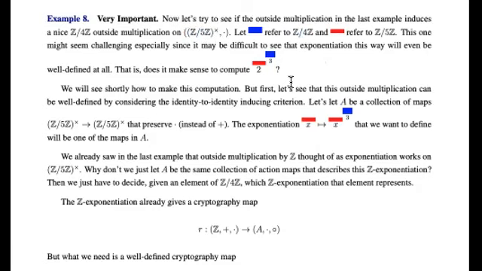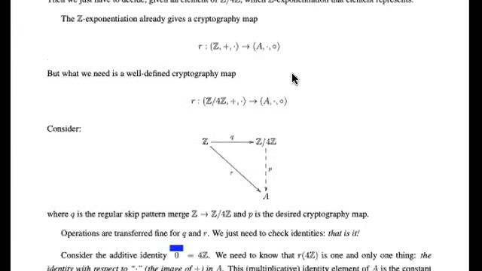So being well defined really is the question here. Does that really hold? Is it like the 0 of Z mod 4Z? So we're going to use the identity criterion.